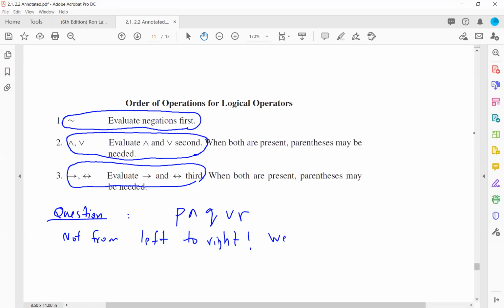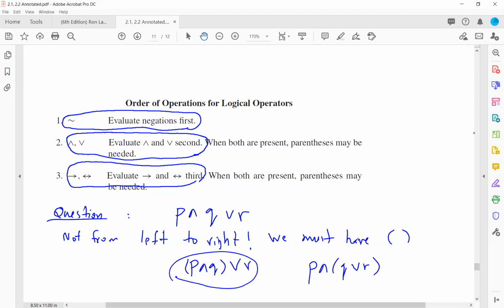We must have parentheses or grouping symbols. Otherwise, we cannot form the truth table for this compound statement. It must be either (P and Q) or R, or it must be P and (Q or R). We must have this or this. Otherwise, we cannot work with this combination. Again, it is not from left to right.